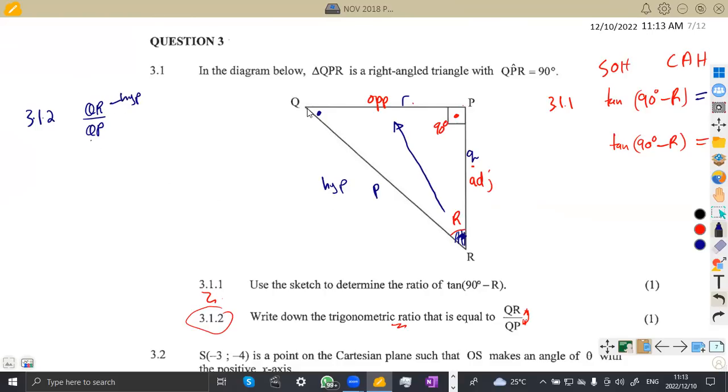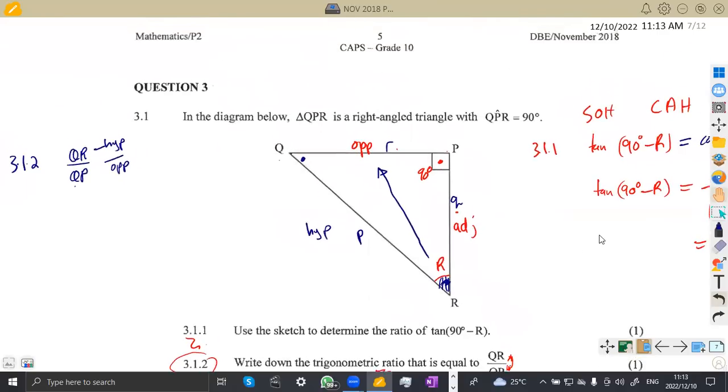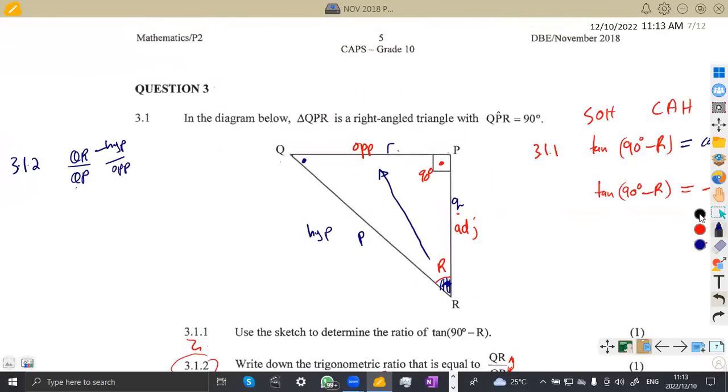And this is QP. According to R, QP is the opposite. So this is the hypotenuse over the opposite, which is the vice versa of sine. Remember, sine is opposite over hypotenuse, and this is the vice versa, hypotenuse over opposite. That is cosec.